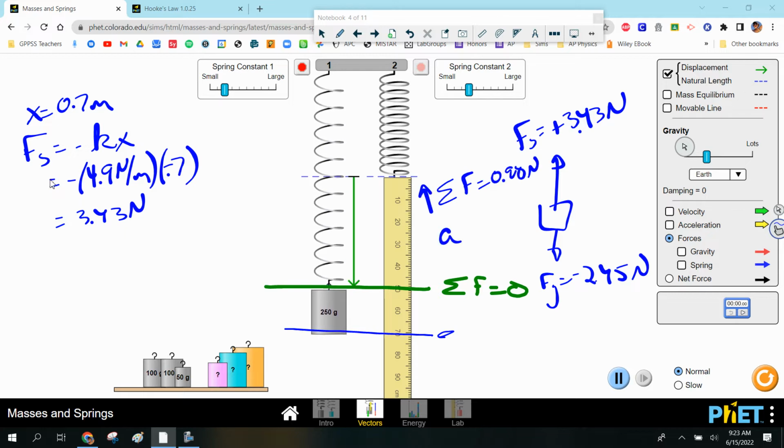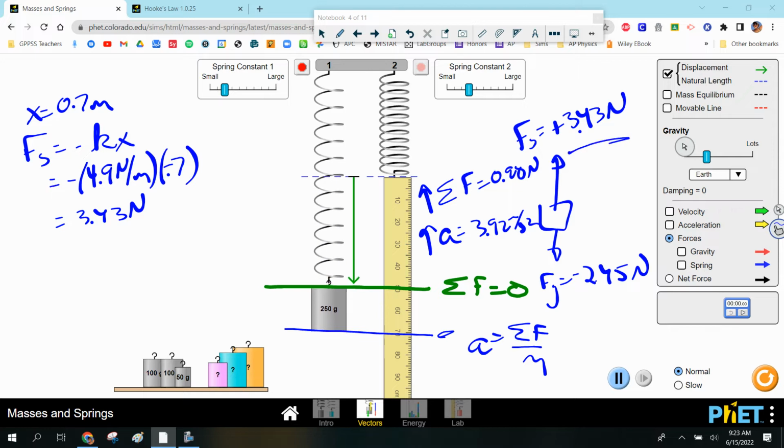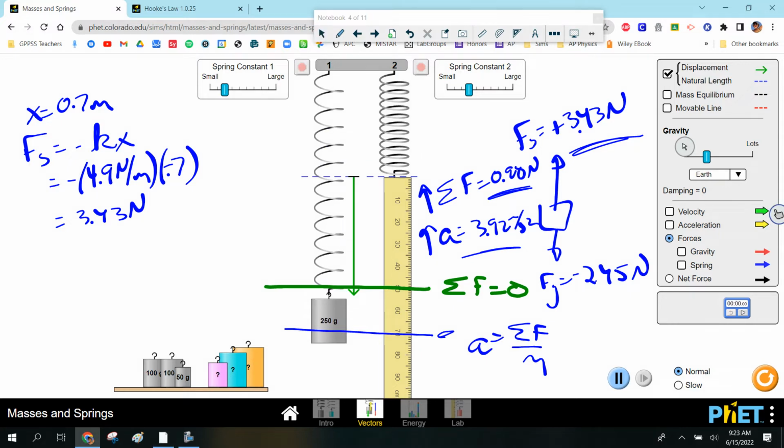And so you get an acceleration upwards of, if you do the math, 3.92 meters per second squared, just using acceleration as net force over mass. The idea is we've got more upwards force that produces an upwards net force and an upwards acceleration. So let's try that.